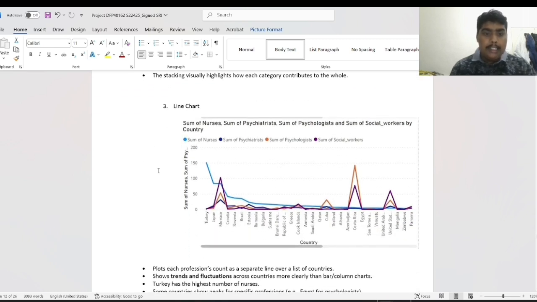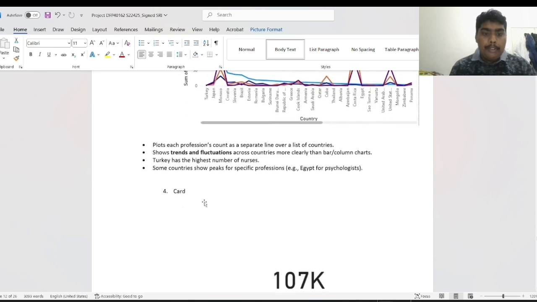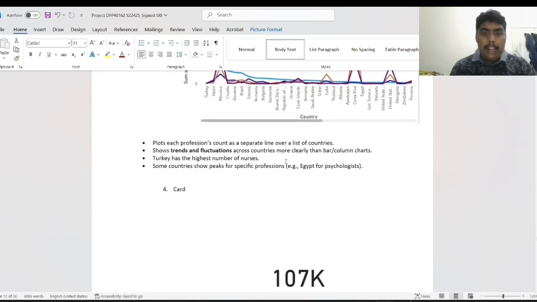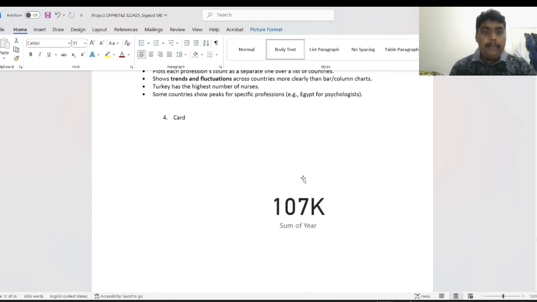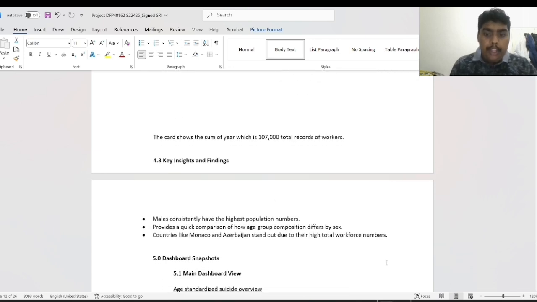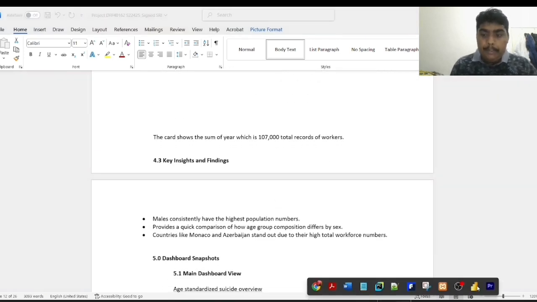Third, the line chart plots each profession's count as a separate line over a list of countries. It shows trends and fluctuations across countries more clearly than bar or column charts. Turkey has the highest number of nurses. Some countries show peaks for specific professions, for example, Egypt for psychologists. Let's move on with the demonstration.